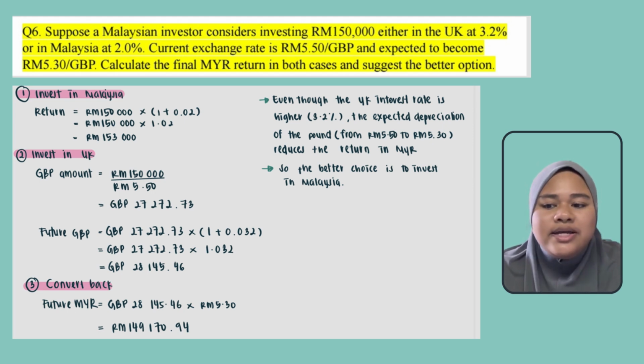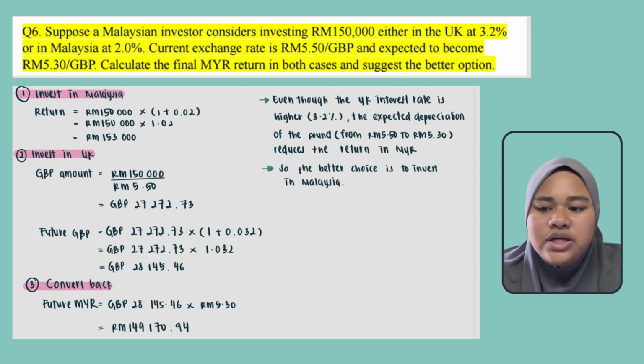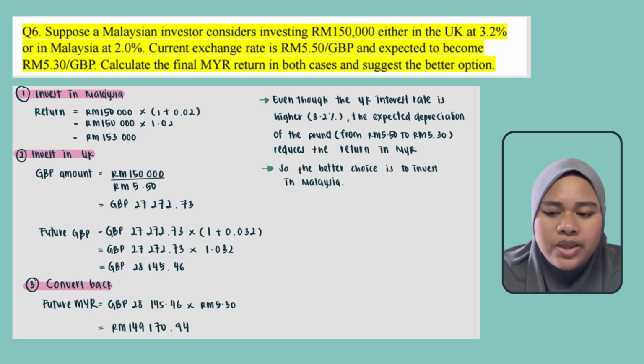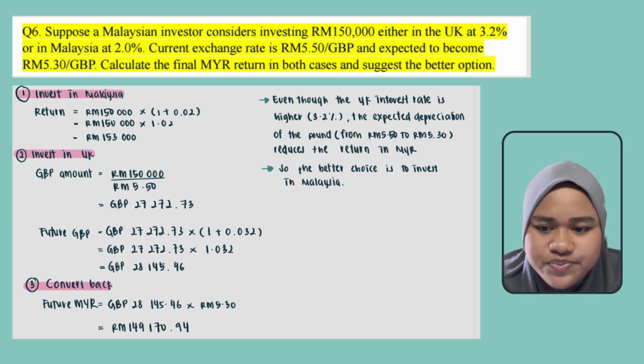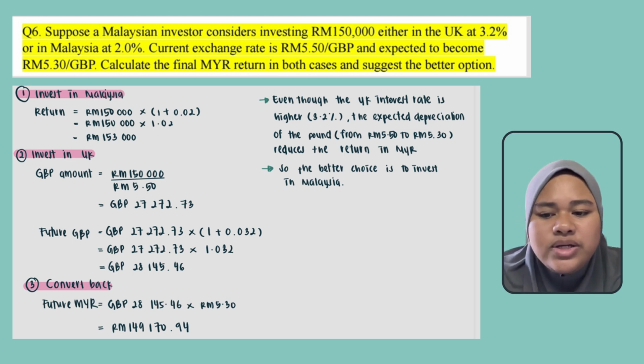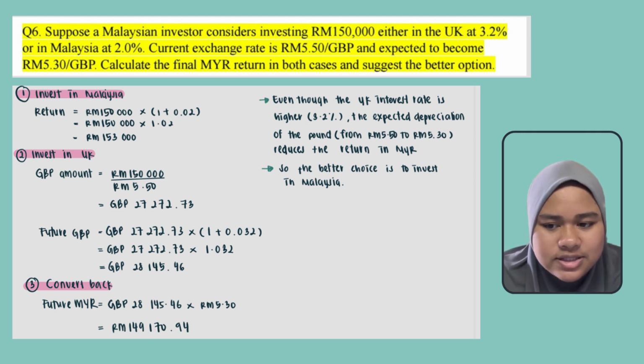And we apply the UK interest rate by doing 27,272.73 times 1.032, and we get 28,145.46.